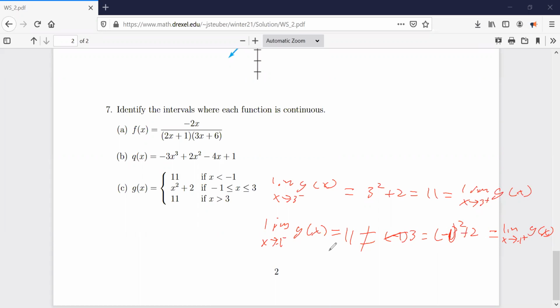So that tells me that my only discontinuity is at x equal to -1. So then I'll get -infinity to -1 union -1 to infinity.